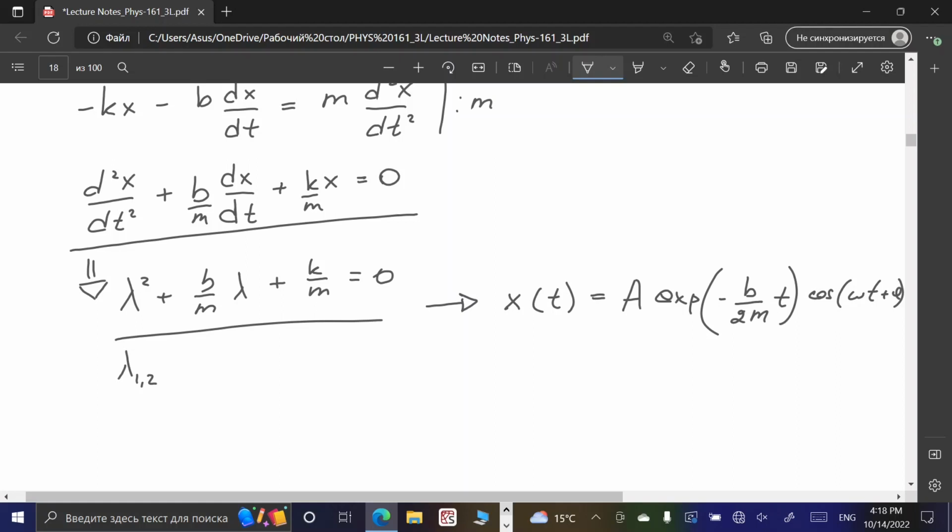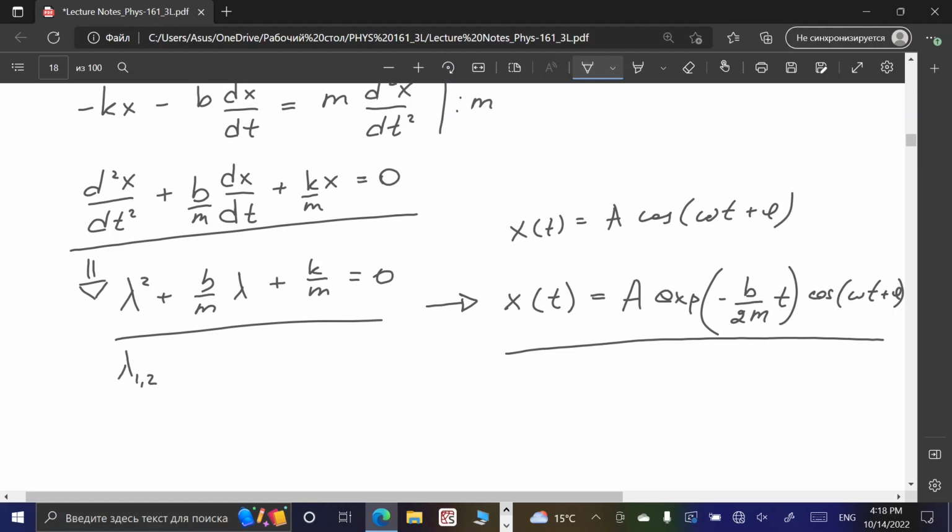So now, if we compare this solution for displacement as a function of time to the previously derived one for the block spring system when we didn't consider the drag force, so that was x as a function of time equal to A times cosine of omega t plus phi, there are obviously some differences.